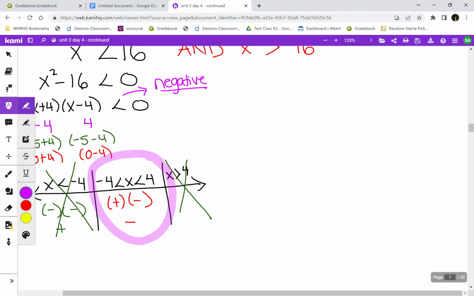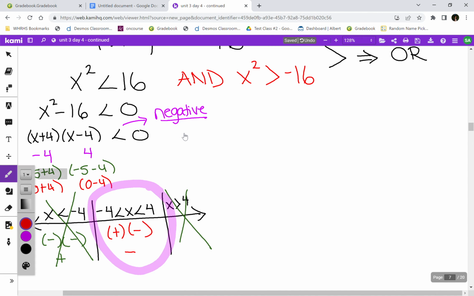All right, now let's go to the right side. So I'm going to bring that x squared over, and we're going to have x squared plus 16 has to be greater than 0. Well, x squared plus 16 is greater than 0. What is that? All real numbers. Is there a number we could substitute in for x that won't work?